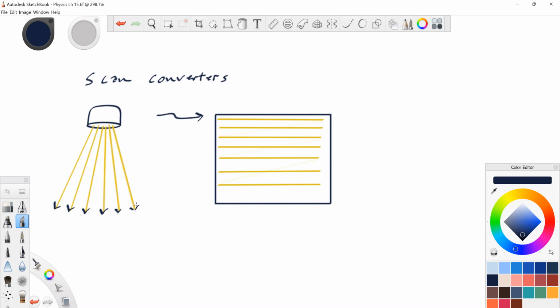But that's not how TVs, old TVs, and even newer TVs, write information. And speaking of reading and writing, we'll get back into that. The information, I'm just going to put it right here, is read.